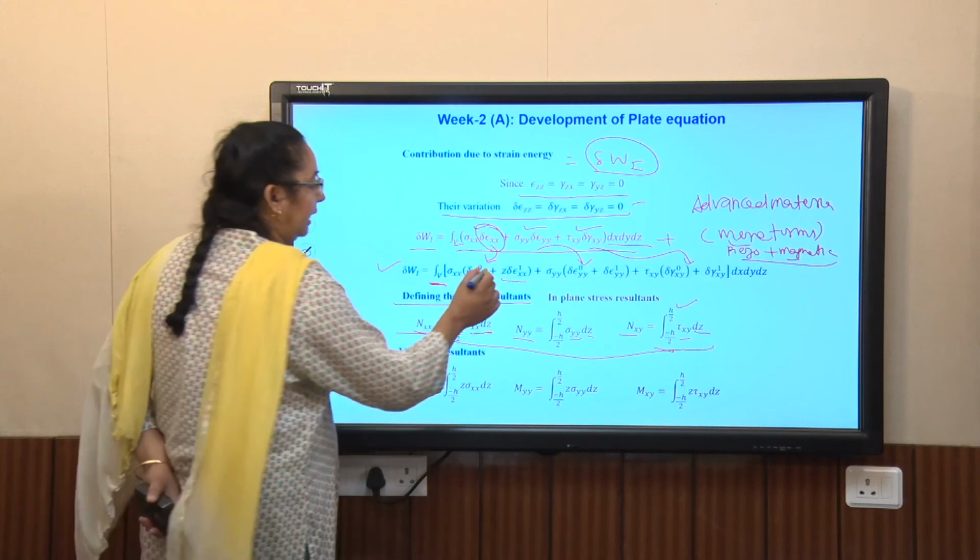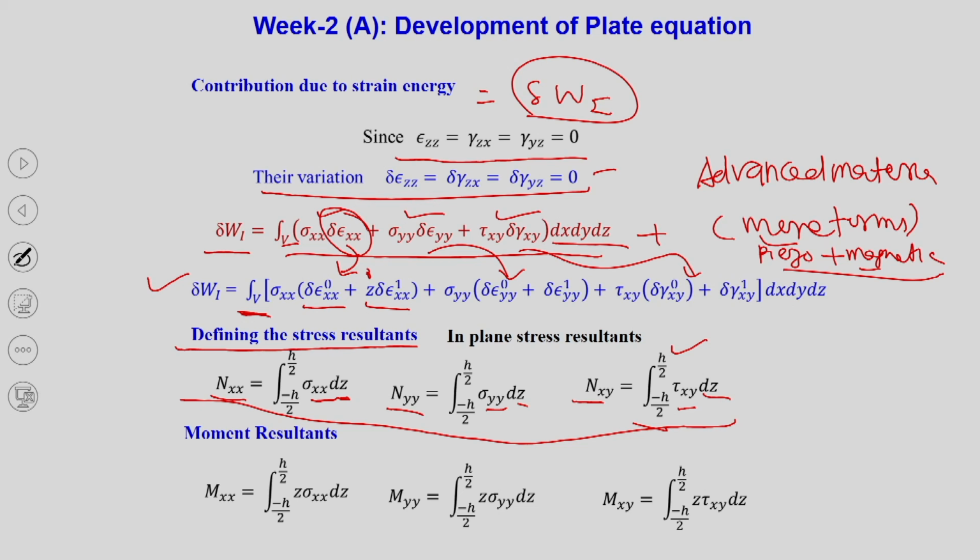Similarly, you see that z terms are here. So, z times sigma xx gives the moment Mxx, Myy is z times sigma yy. Here z times they didn't put actually. Then Mxy is z times tau xy dz.